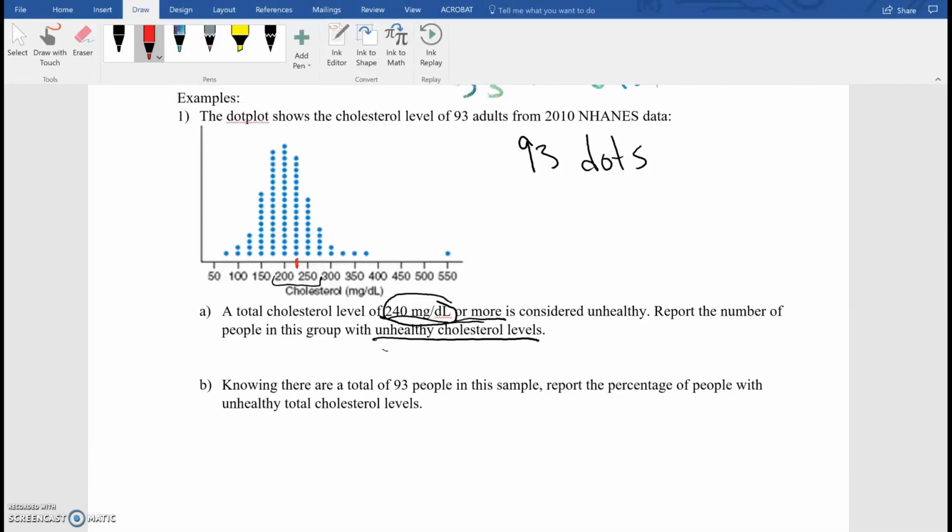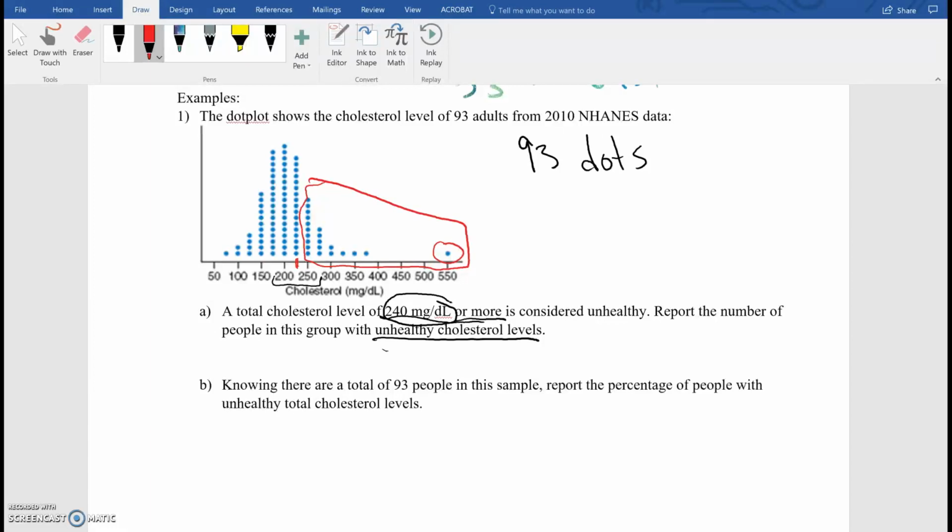If I add 200 and 250 and divide by 2, I get 225. So these people are still all right. Everything after that is considered unhealthy, because 240 is going to be somewhere here, and 250 is already greater than 240. So everyone from here all the way over here, these people are considered unhealthy.